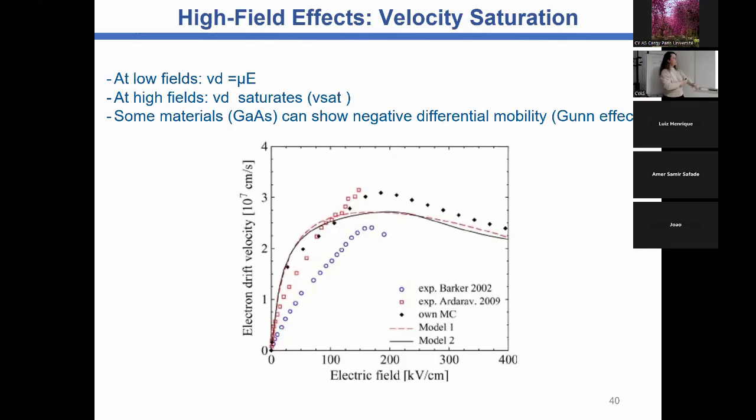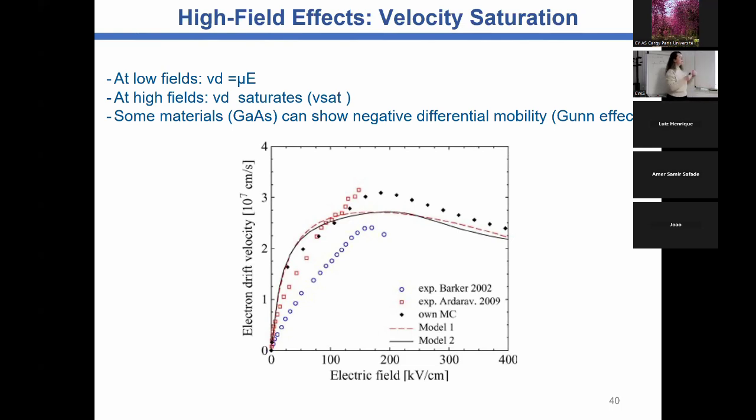In terms of applying an electric field in a material, we have this electron and hole movement. So if we apply one electric field that's too high, we have this current saturation.